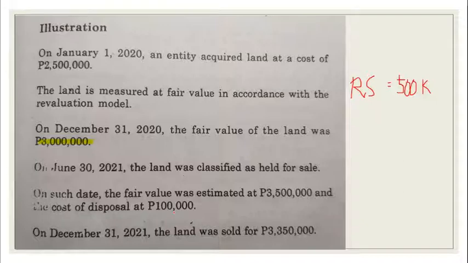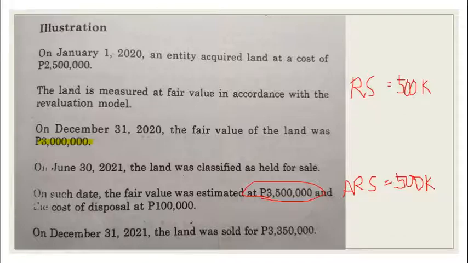Your revalued fair value is now 3.5, compared with the carrying amount of 3 million as of December 31. So you have an additional revaluation surplus of 500k. Again, this is an additional surplus of 500k.